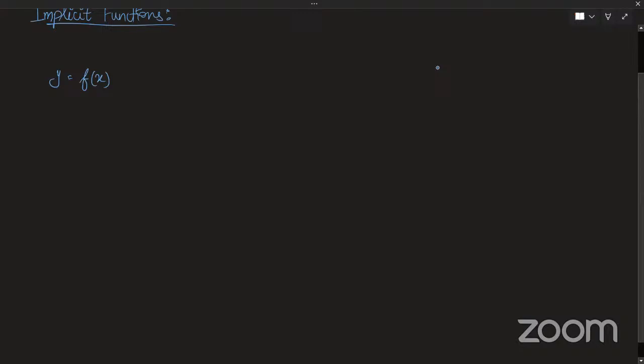Basically, the terms of x and y were separated. On one side you had all the terms of x, and on the other side you just had y. So at any point x, you could calculate your value of y simply by inputting your value of x.